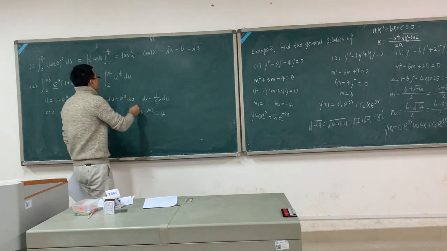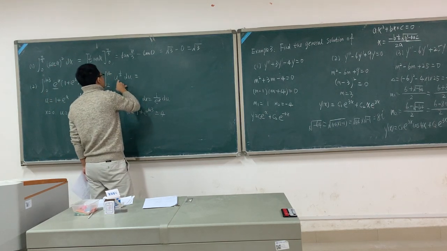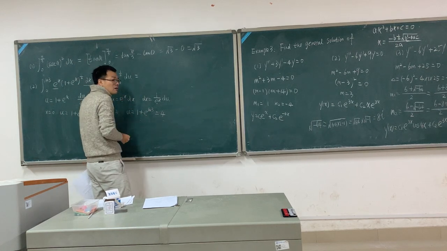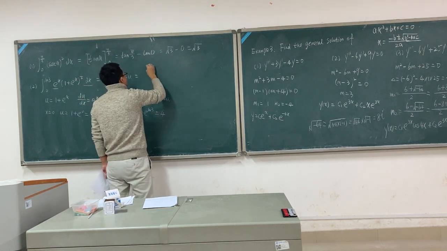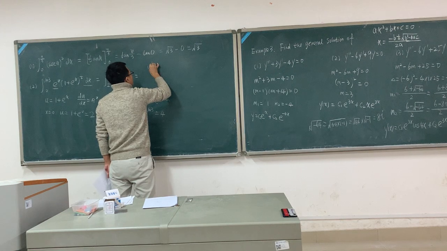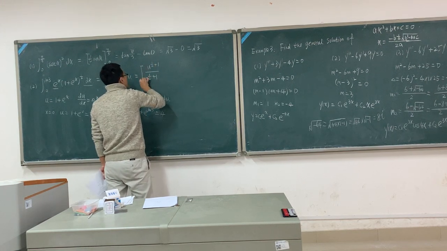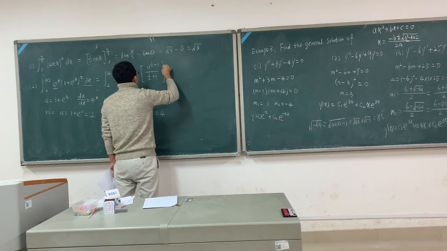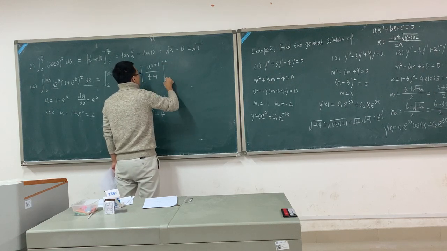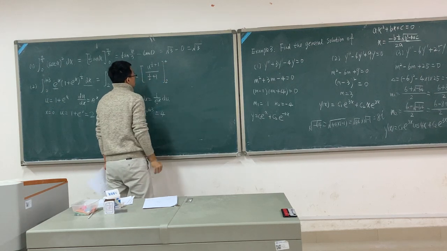Now we find the antiderivative of u to the half power. It is u to the half plus 1 over half plus 1, evaluated at 4 minus evaluated at 2.